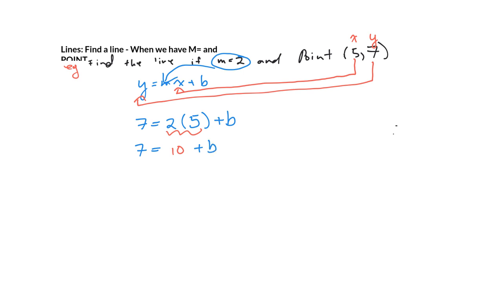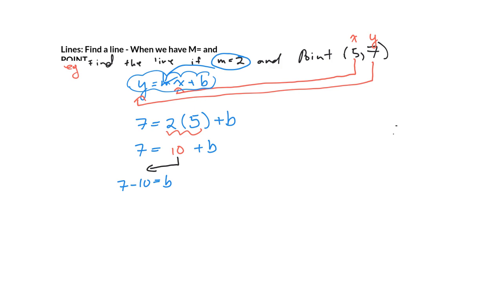Now, you notice that red 10. That red 10 has to be moved over to the other side. If it's positive 10, it becomes negative 10 when we move it to the other side. So in this case, we have 7 minus 10 is equal to b. Now, what that does is it allows us to figure out what the original b value was for the equation up here.